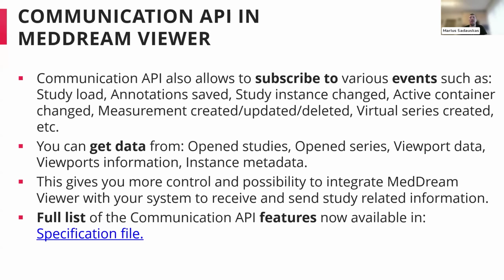You can automatically get the event result about this measurement with the full measurement details, and you can do whatever you need with it. For example, automatically add it to your reporting system, or automatically send it to your AI algorithm, which will do some manipulation with this measurement and provide you some feedback, and so on.